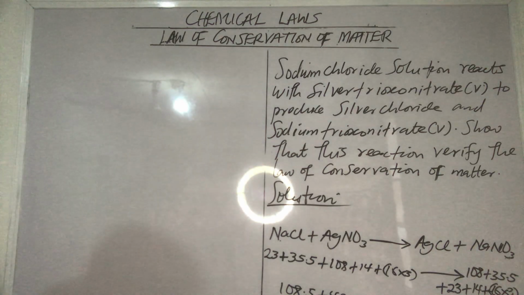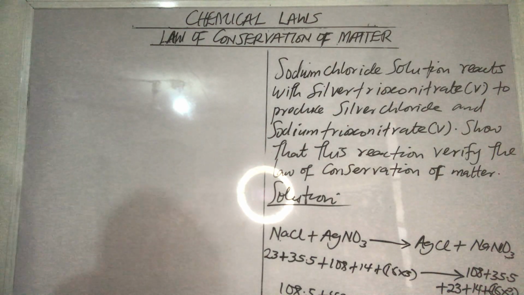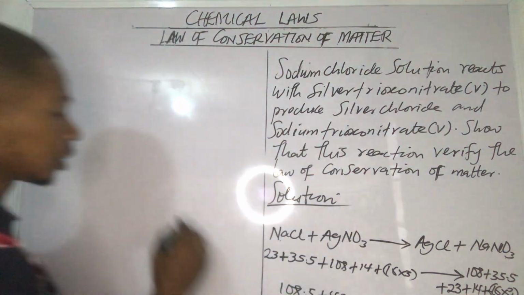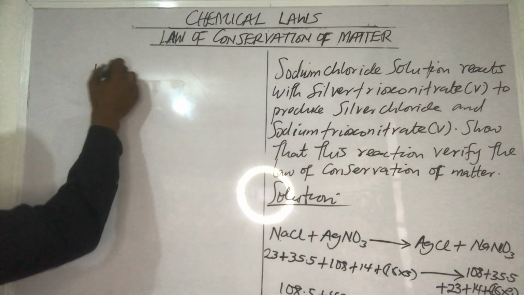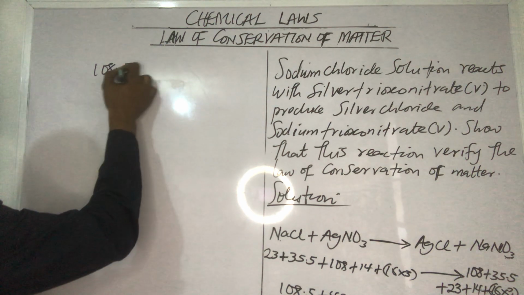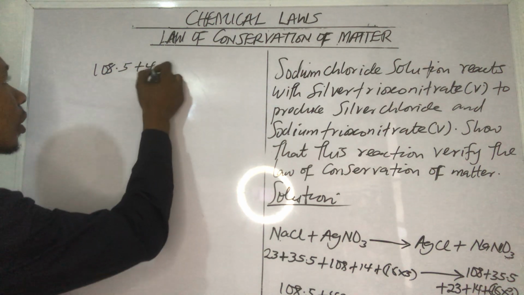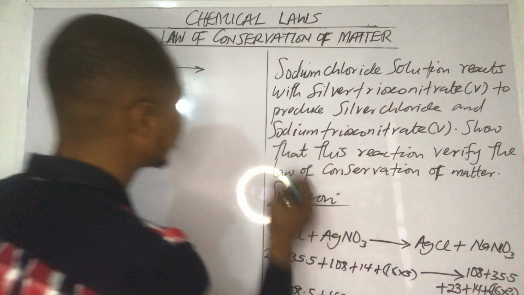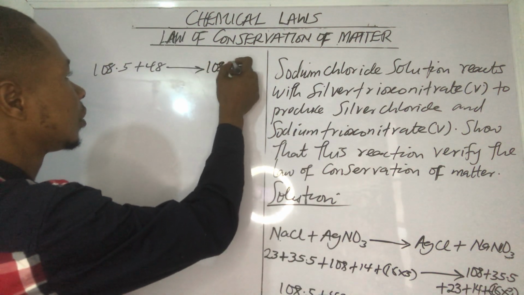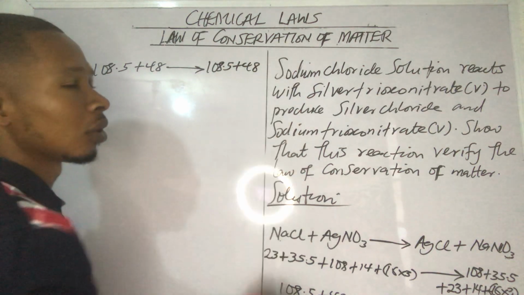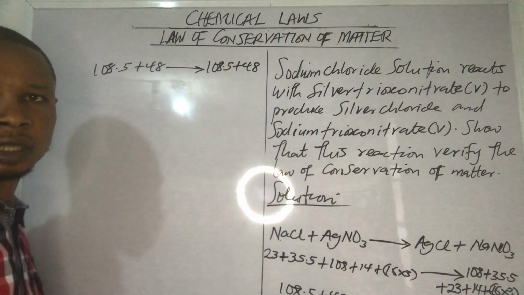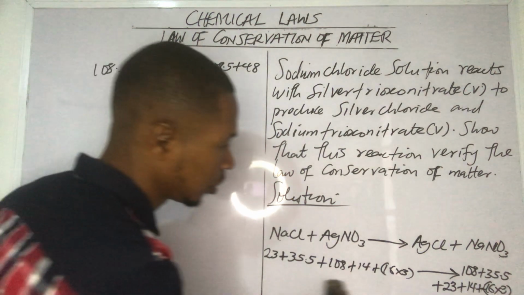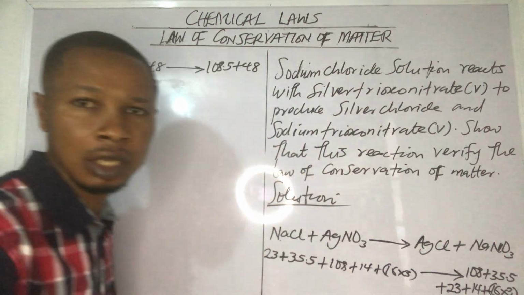So if I write this one here now, when I added all these together, I have 180.5 plus 48 on this side, and on the other side too, I have 180.5 plus 48. You may not see it, that's why I'm writing it in the upper part.